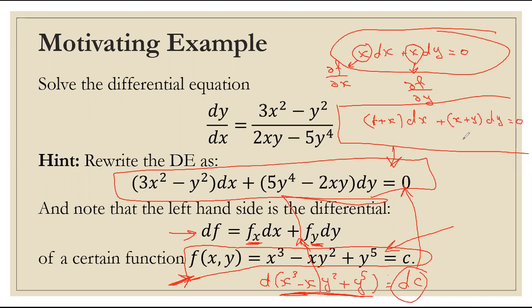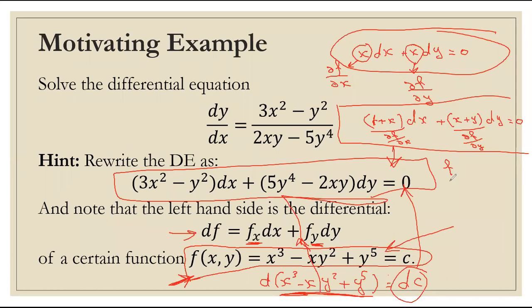Let me check if this equation comes from a specific f, such that this is the partial derivative with respect to x, and this is the partial derivative with respect to y. Can we guess? Now by guessing, not the condition.